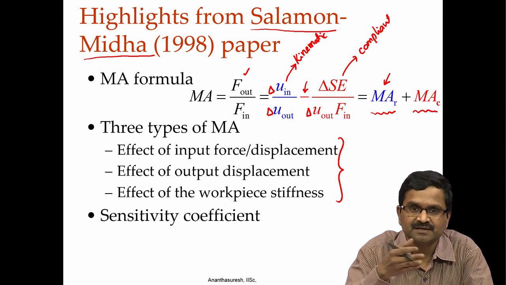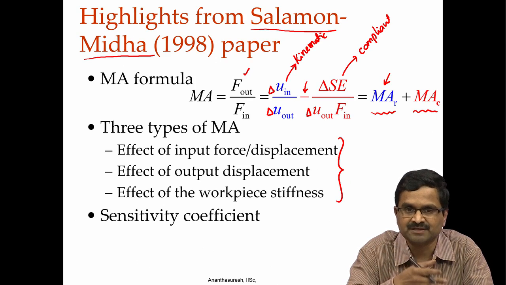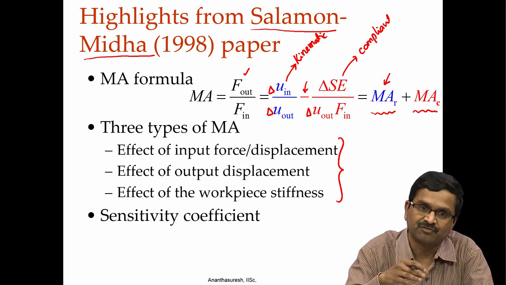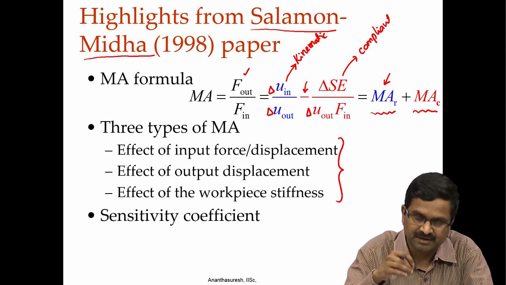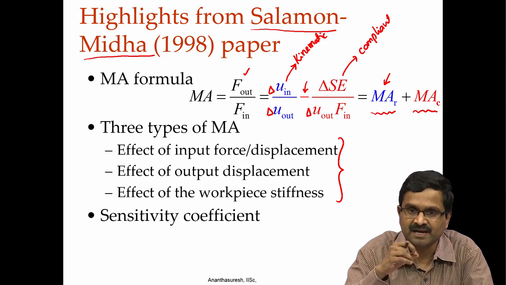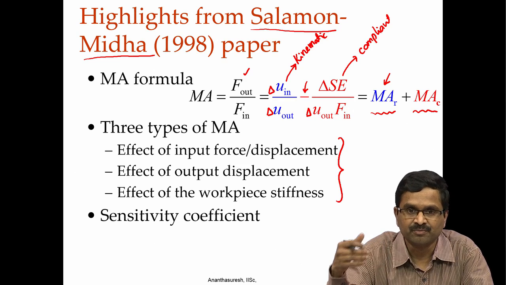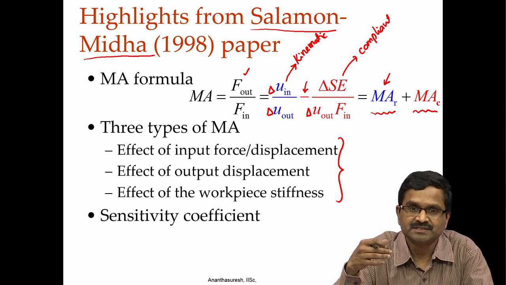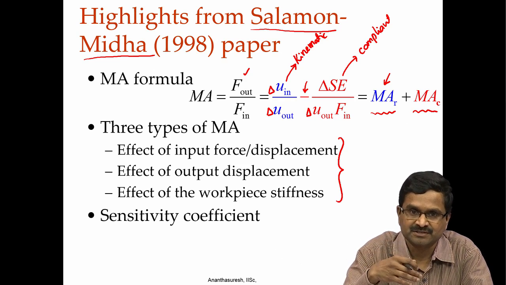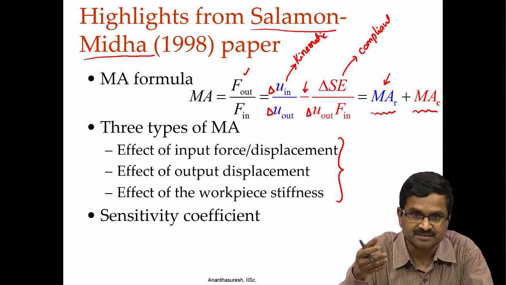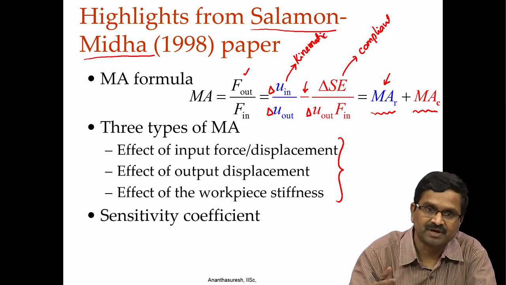Whereas for rigid linkages or rigid mechanisms, their kinematics is not altered by the forces. But in compliant mechanisms, since there are elastic members, the input force and output force influence the inherent kinematics of the mechanism, and hence mechanical advantage actually changes, and that is what we are discussing.